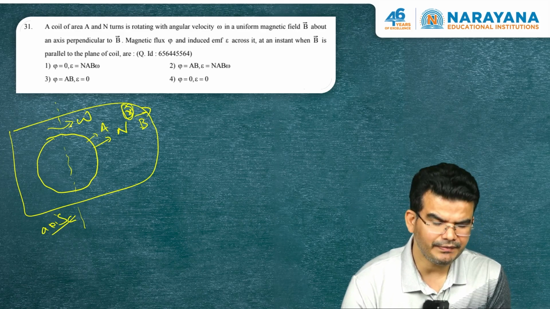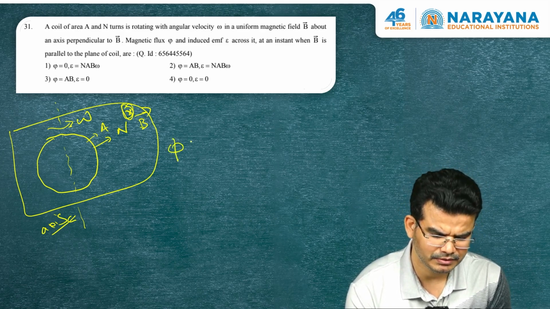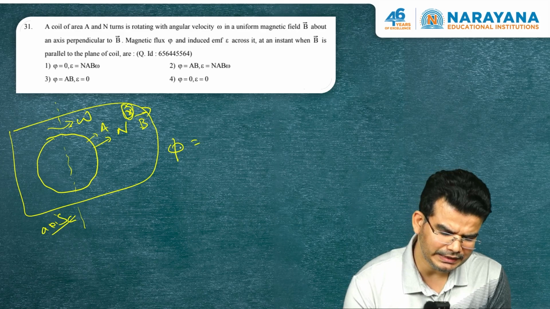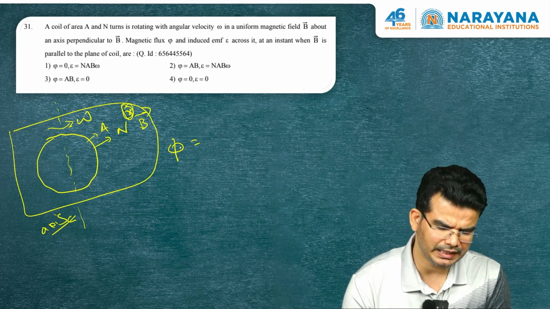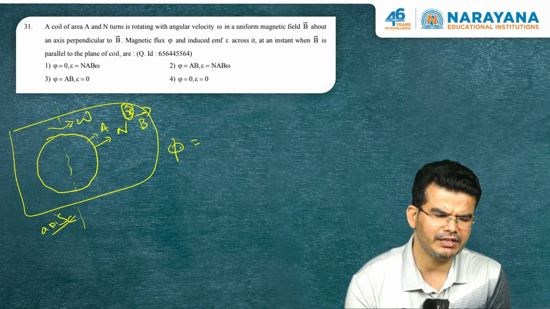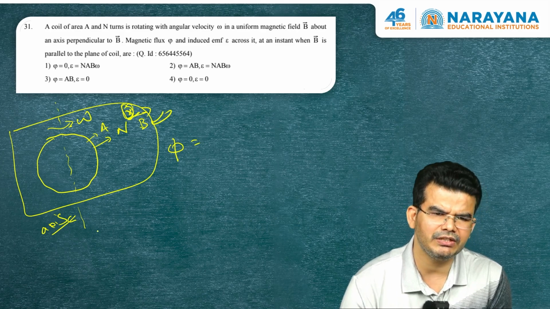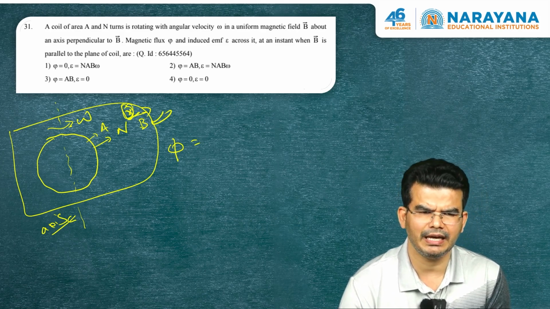Now, if I have to write the flux at any moment, so what can I say? Let us say the initial area vector is inward. Area vector can be outward or inward, so let us take the initial vector inward. So, magnetic field is also inward, area vector is also inward. At t equal to 0, what is the angle? Angle is 0.